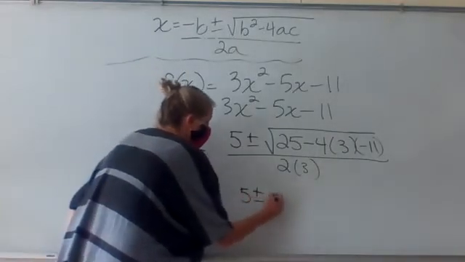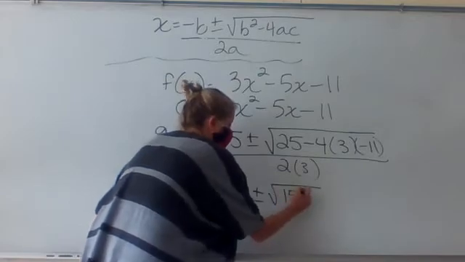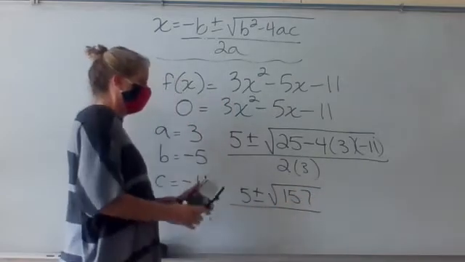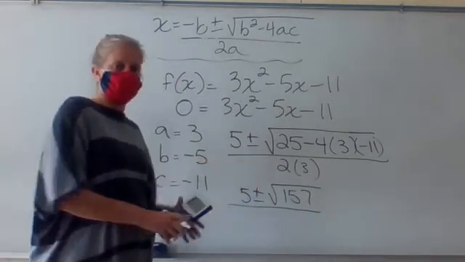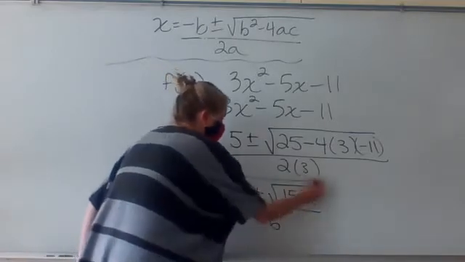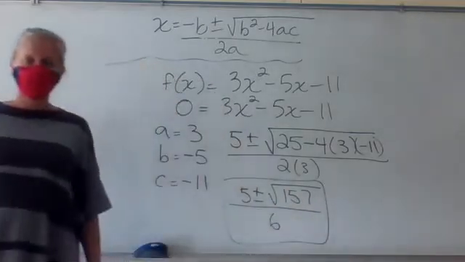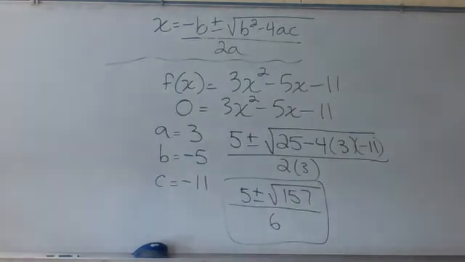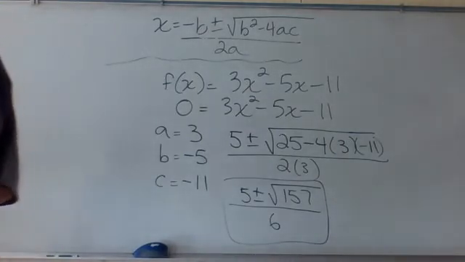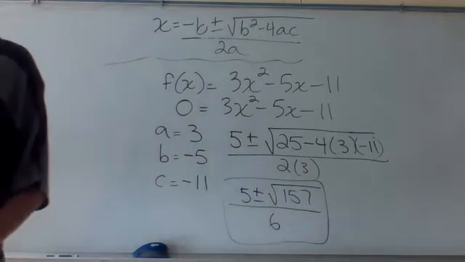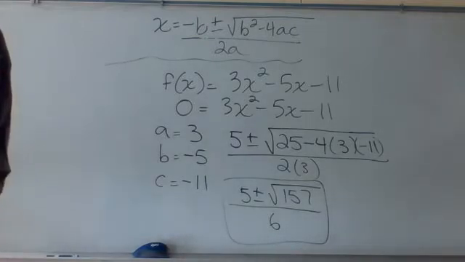So 5 plus or minus the square root of 157 over 2 times 3, which gives me 6. So there are your zeros. This one doesn't ask for the approximate. It doesn't ask for the decimal answers. All right, going backwards to number 4.